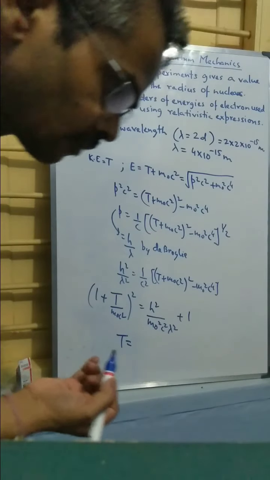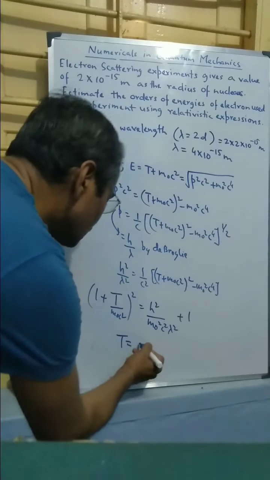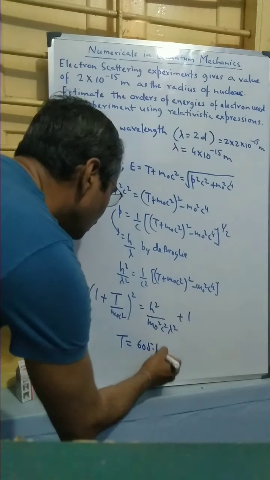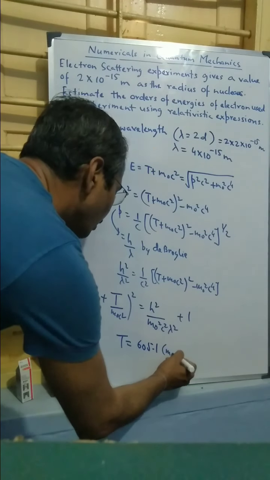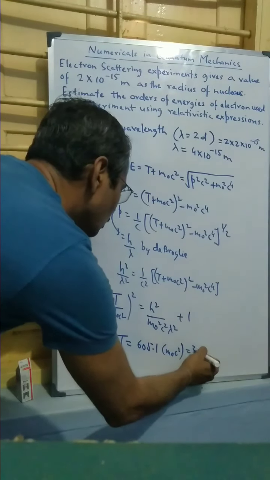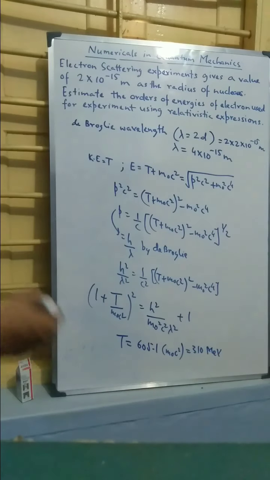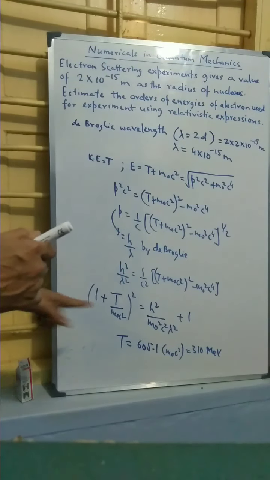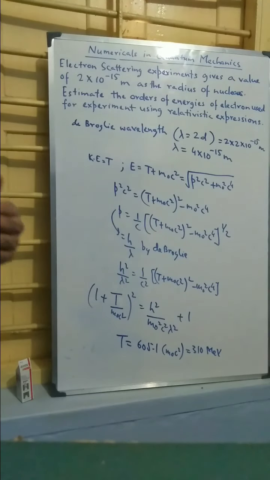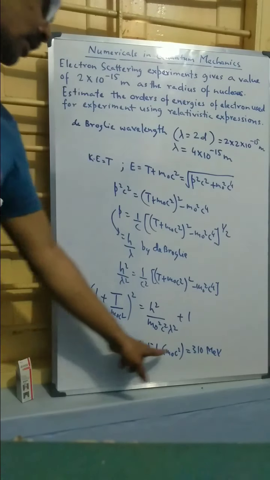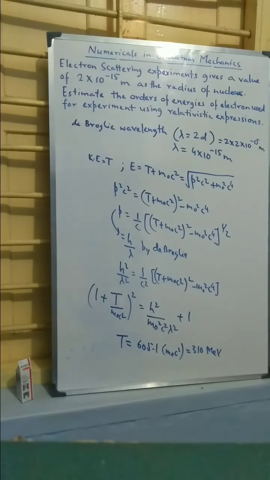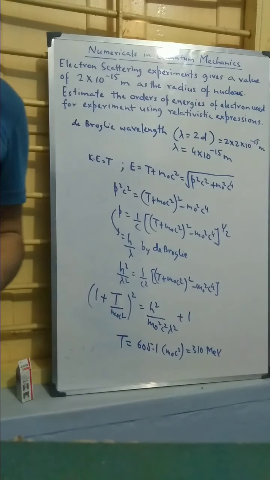In terms of m naught c square, it is 605.1 m naught c square, which is equal to 310 million electron volts. So that is the answer: the energy is of the order of a few hundreds of mega electron volts.